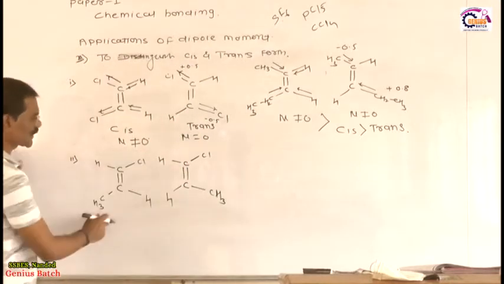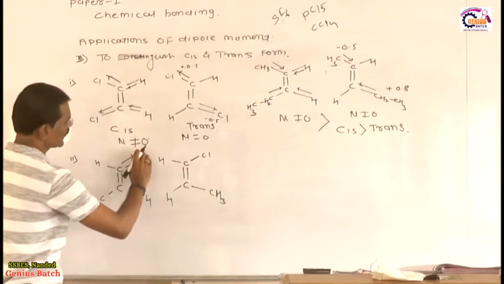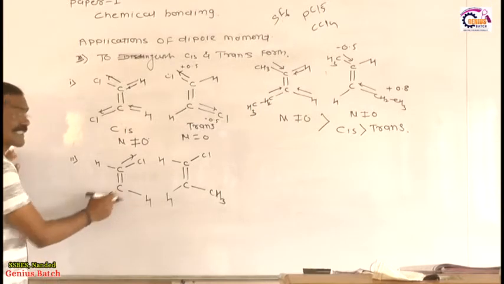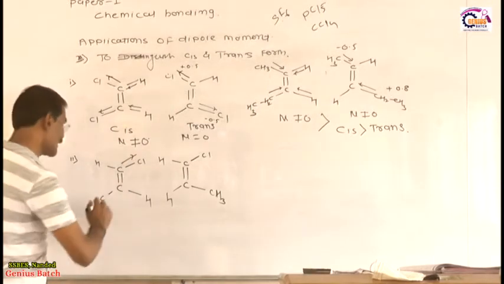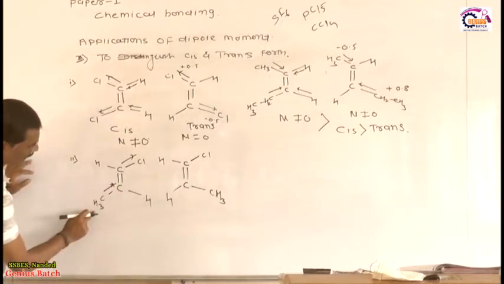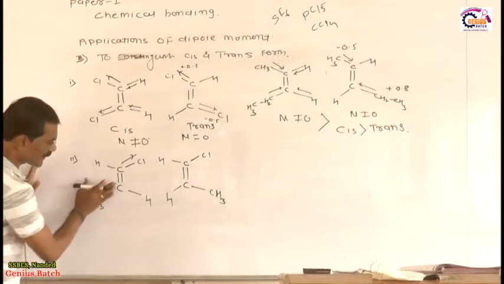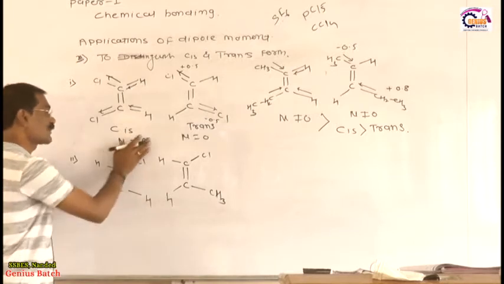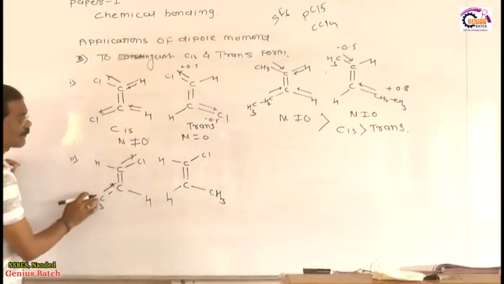These two groups have opposite inductive effect, that is, less electronegative to more electronegative. The electronegativity of Cl is greater than C, but the electronegativity of CH3 is less than C. It means this is opposite inductive effect. In the cis case, both have the same direction, so the addition of dipole moments takes place.